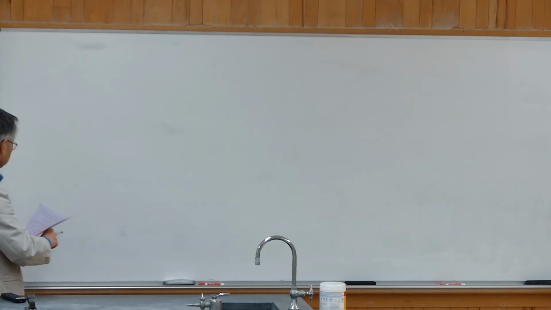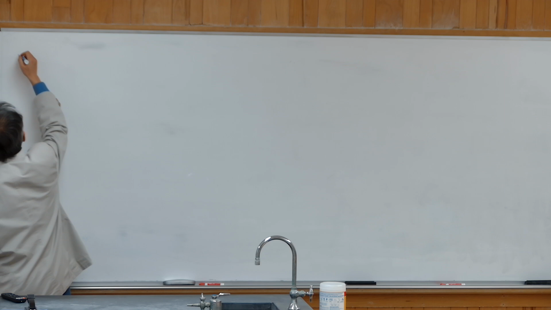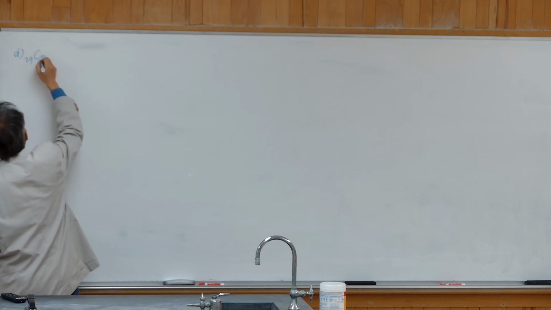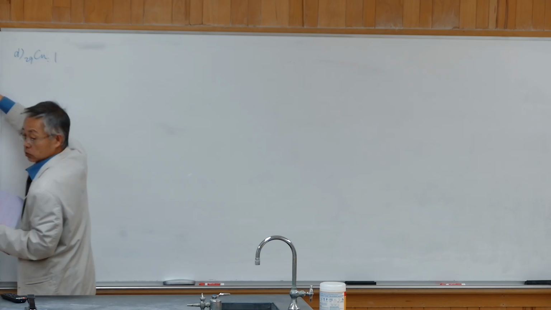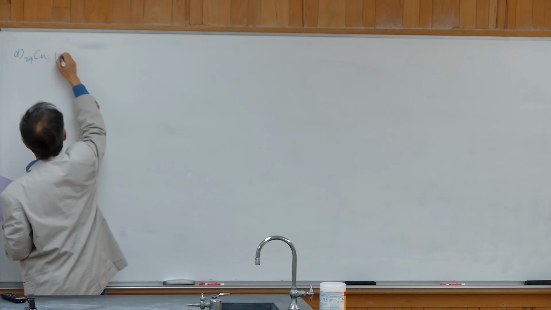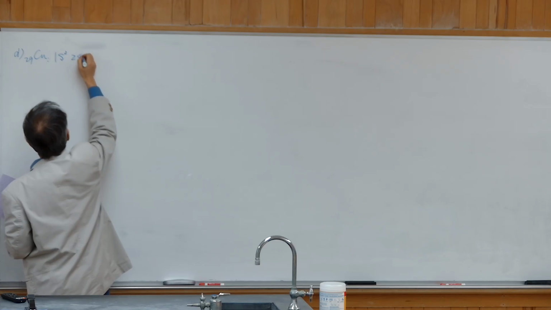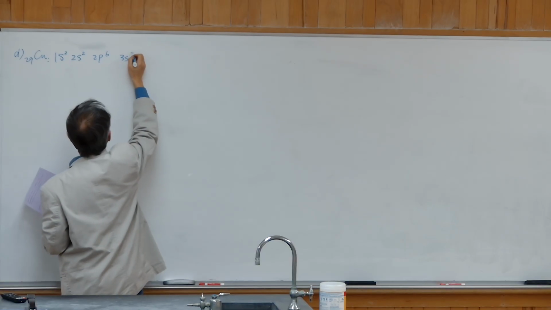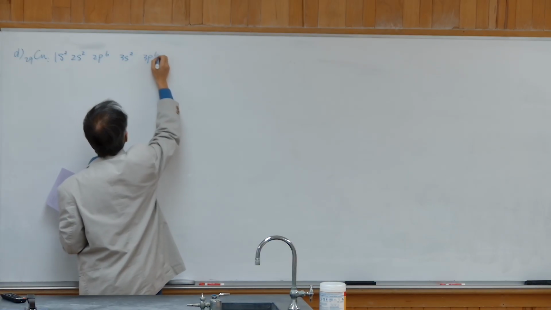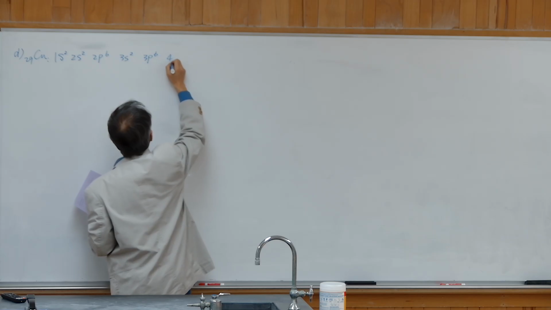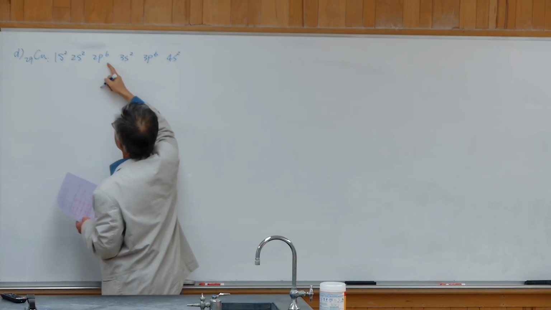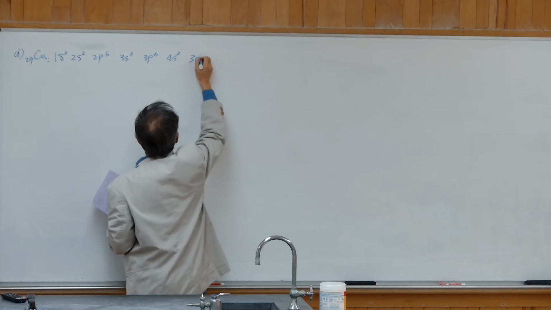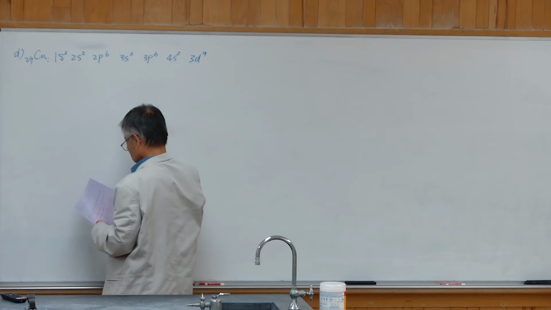D, copper. 29 electrons. So we can still use this chart, right? The electron configuration 1s2, 2s2, 2p6, then 3s2, 3p6, then 4s2. Up to here, 20, then 9 left in d.